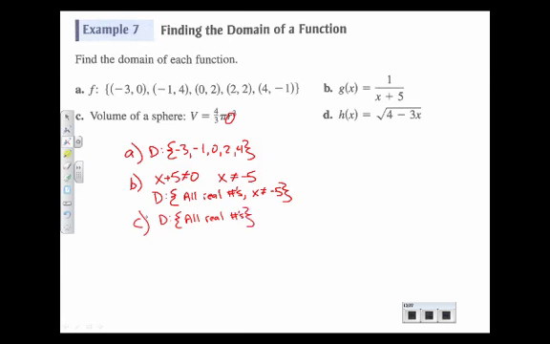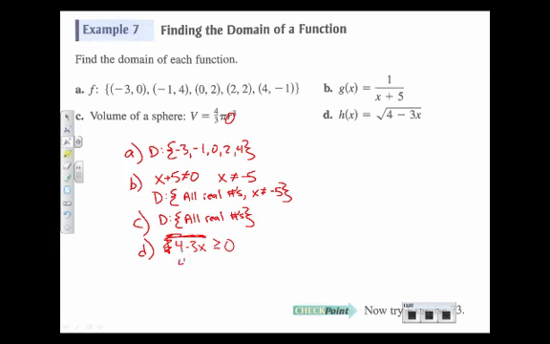And our last one, D. What do we know about square roots? It has to be greater than or equal to 0. So 4 minus 3x has got to be greater than or equal to 0. Sorry, just the part underneath has to be greater than or equal to 0.